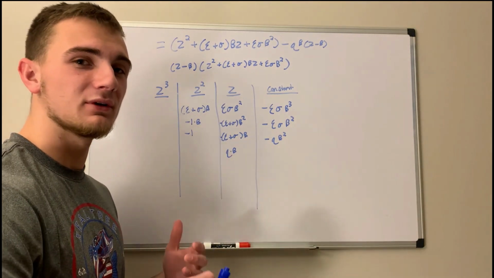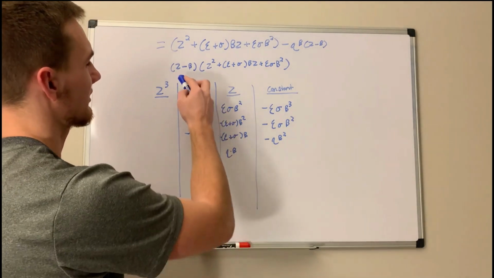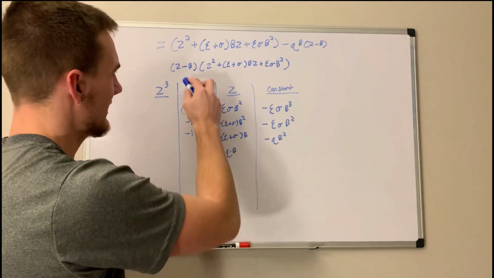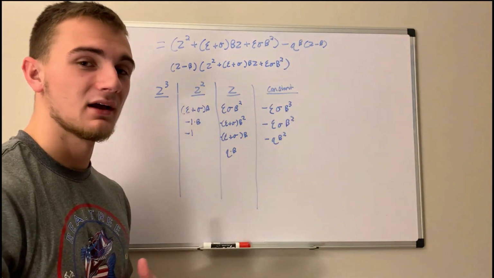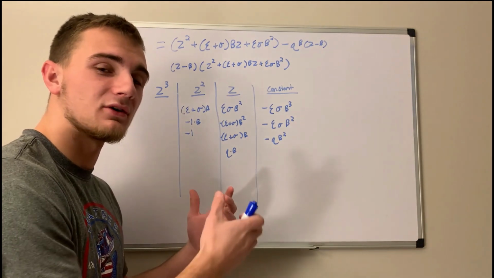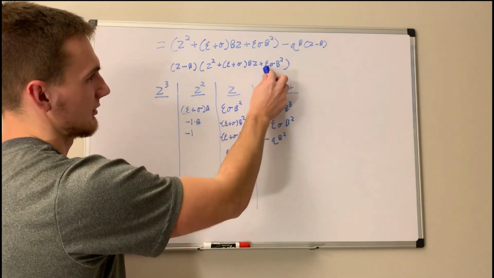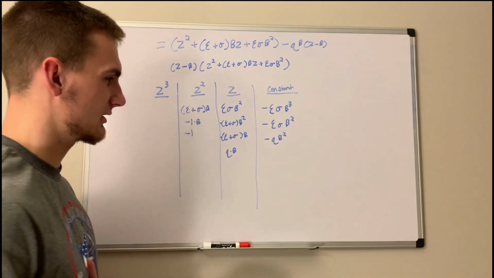Just to give you an example of how this method works, let's take a look at this z times this last term here. If we have z times epsilon times sigma times b squared, that will be a coefficient in terms of z. So the coefficient in terms of z will be this epsilon times sigma times b squared.